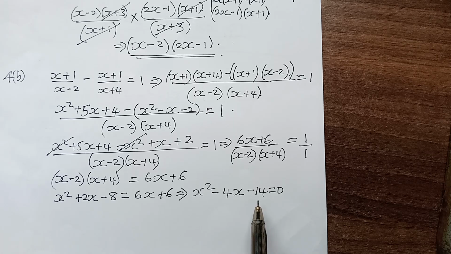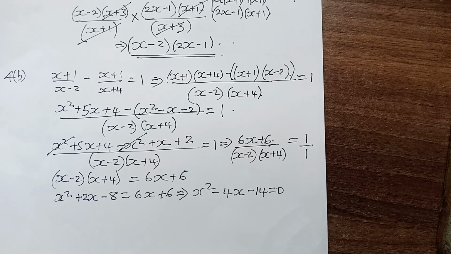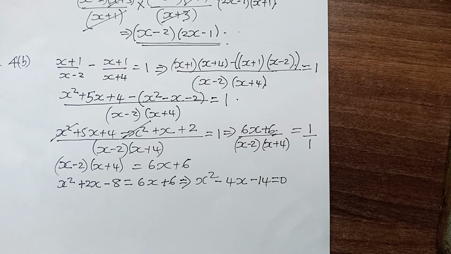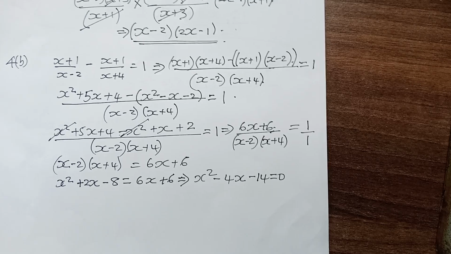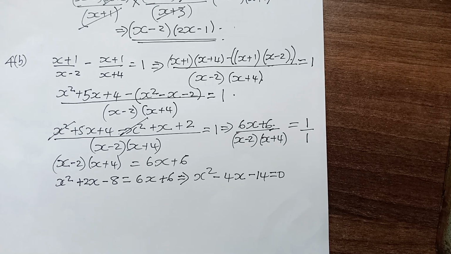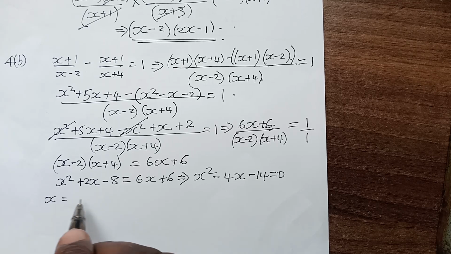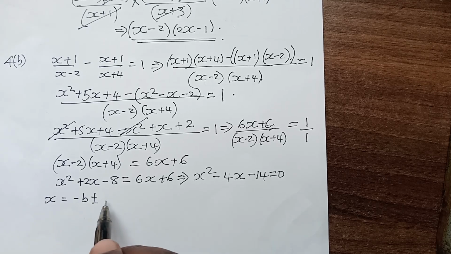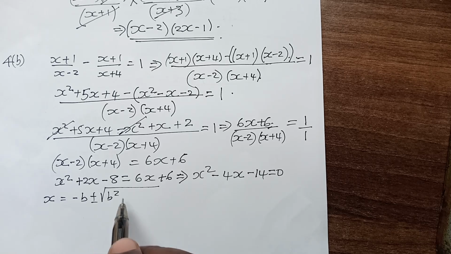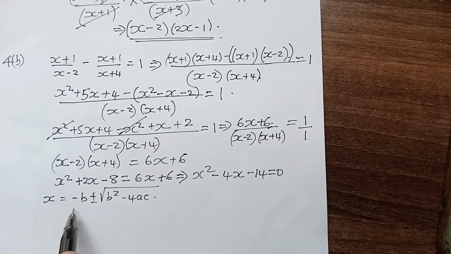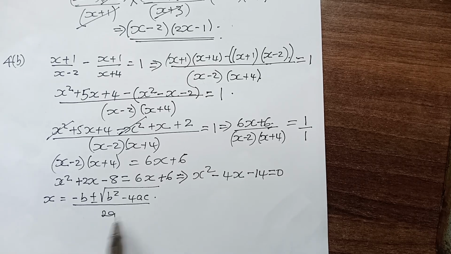And 14 and 1, again, there is no way we can have a 4. Now, we need to give it a quadratic formula approach, whereby, as you know, x is equal to minus b plus or minus the square root of b squared minus 4ac, everything over 2a.